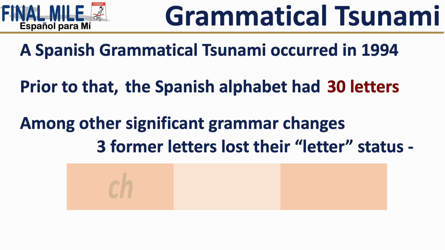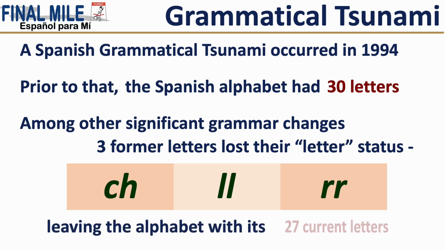What in the world does that mean? These pairings of letters lost their letter status. Prior to 1994, they were considered a single letter: CH, double L, and double R. Because they were considered a letter, it required special algorithms in computers to alphabetize things, because CH came after C. So a word that started with CO would come before any word starting with CH, which was contrary to the way everything else works in the technology processing world.